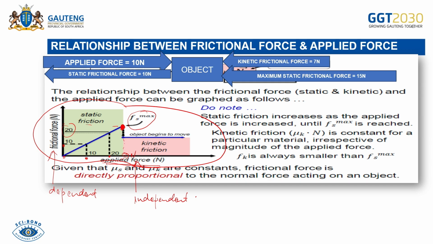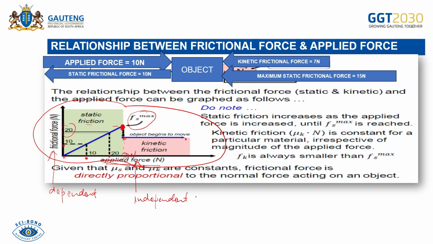All right, then immediately when the object starts to move, what will happen? From this point to this point, we are no longer talking about the static friction, the maximum static friction.